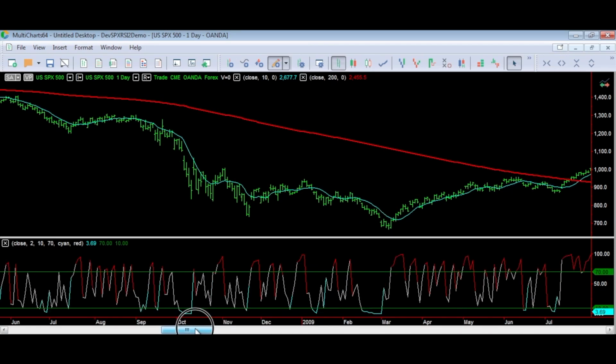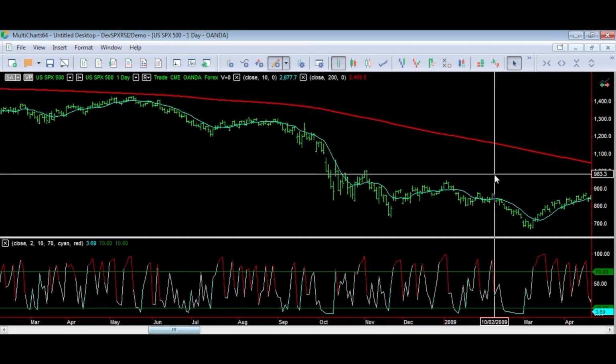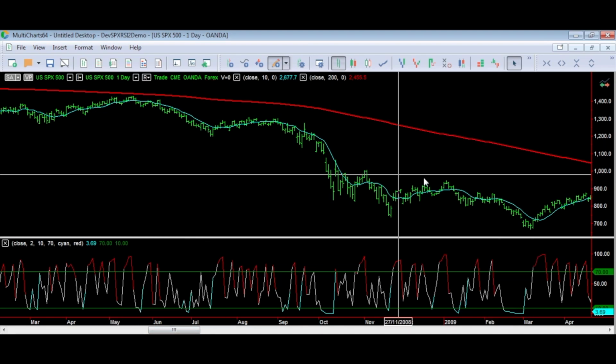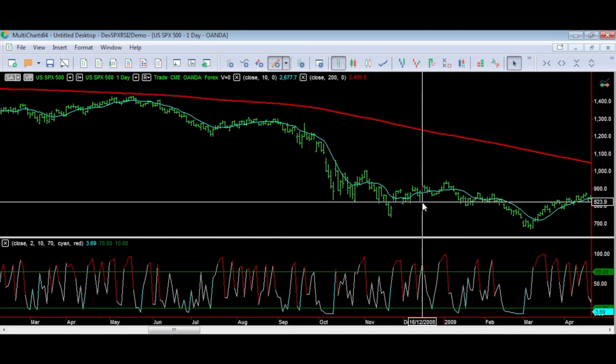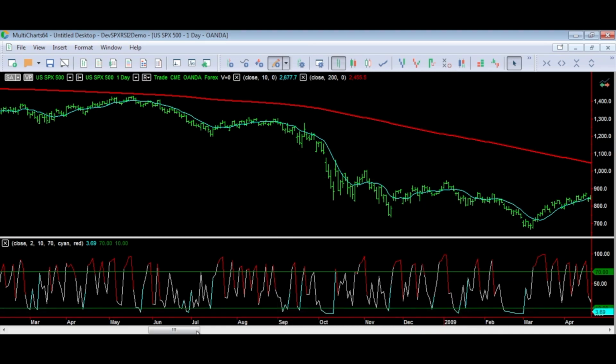So as you can see, this is 2008, and you can see the price is below its 200 period moving average. So it was in a bear market. One of our conditions or rules to get into the trade is that we have to be in a bull market to look for buy signals, but we weren't, were we? We were trading below that 200 period moving average. And that's about as simple as it gets.